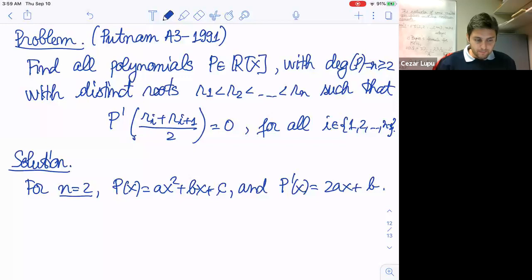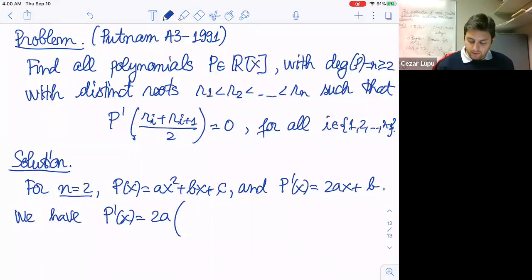So we have that p prime of x can be written as 2a times, and now I'm going to factor here. I'm going to say x minus b over 2a, right?